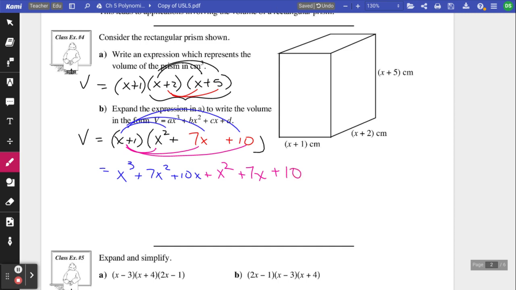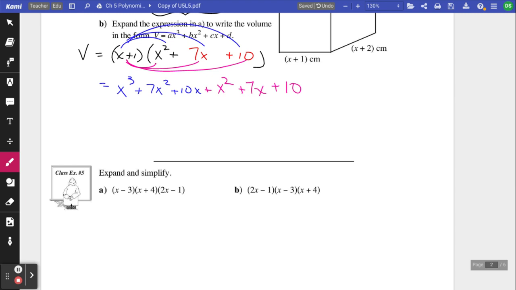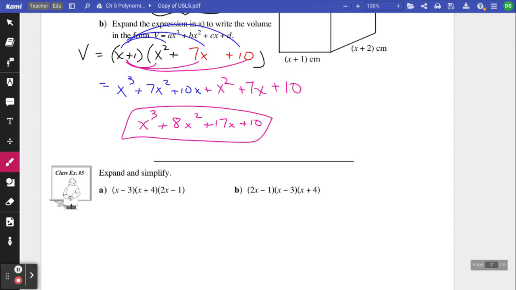I say things because I want the repetition to stick, maybe. And okay, combine together: x cubed plus 8x squared plus 17x plus 10. Yeah? Okay. So when you have 3 of them, it's not different.